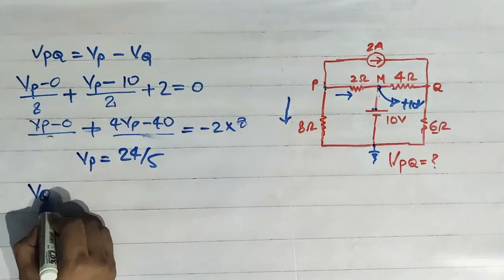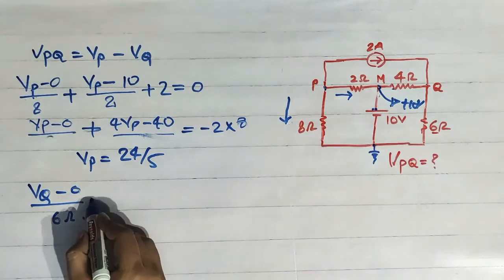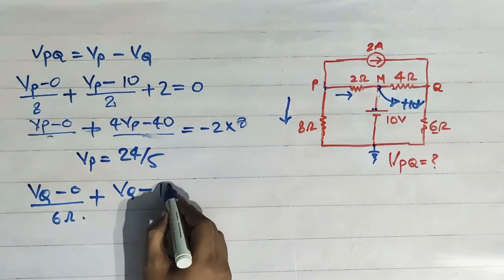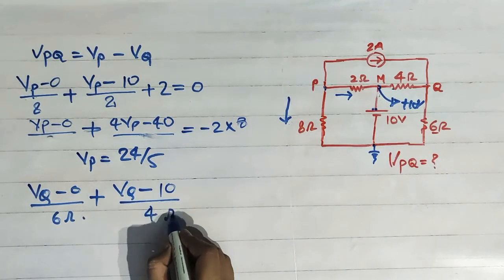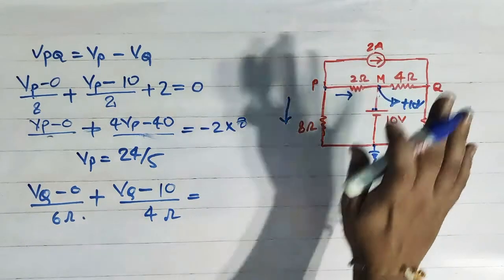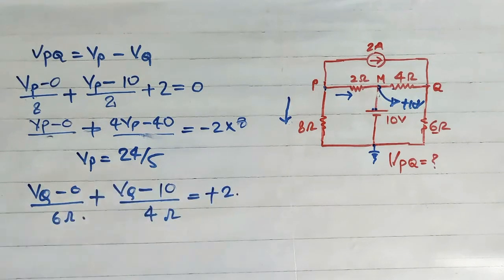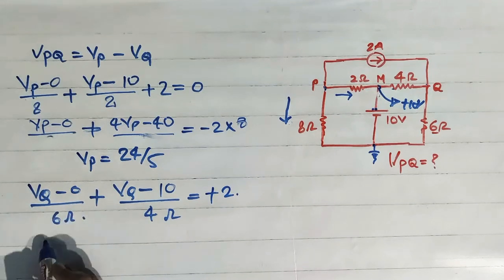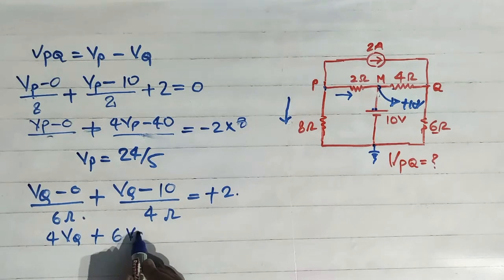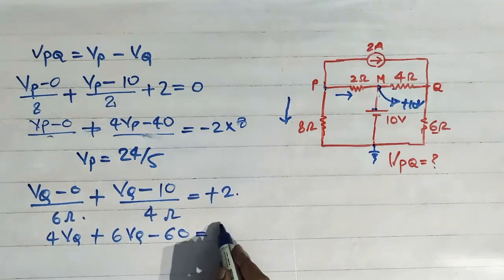We can easily write the equation for VQ. (VQ minus 0) by 6 ohm plus (VQ minus VM, that is 10 volt) by 4 ohm equals, since this 2 ampere is now entering node Q, plus 2. So on solving this we get 4VQ plus 6VQ minus 60 equals 48.